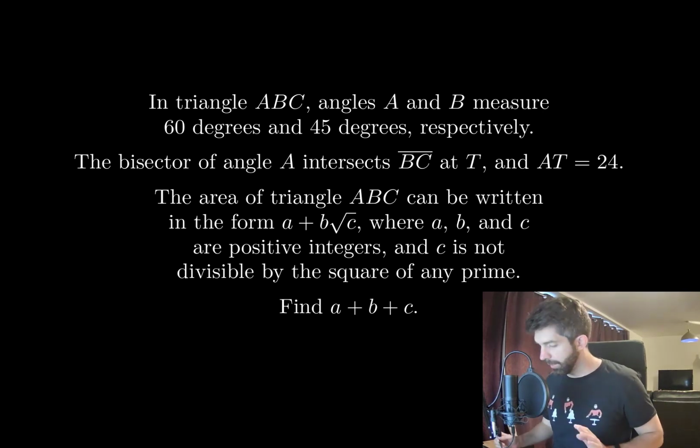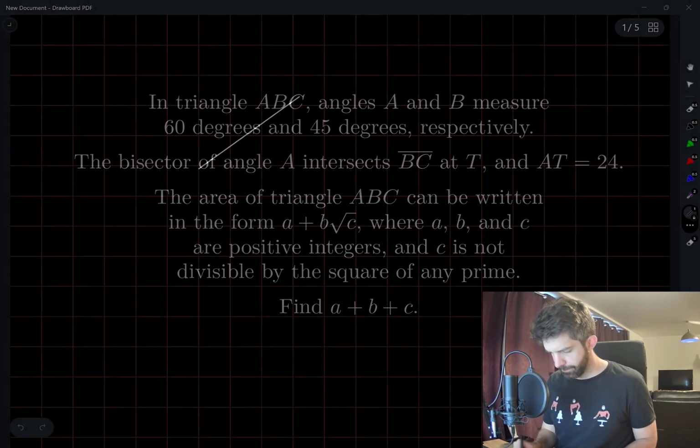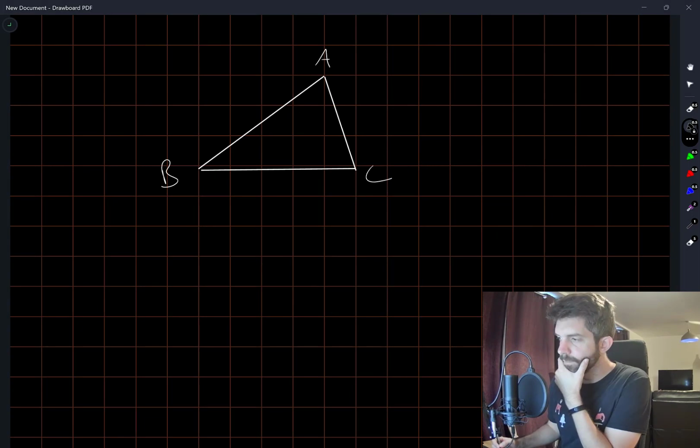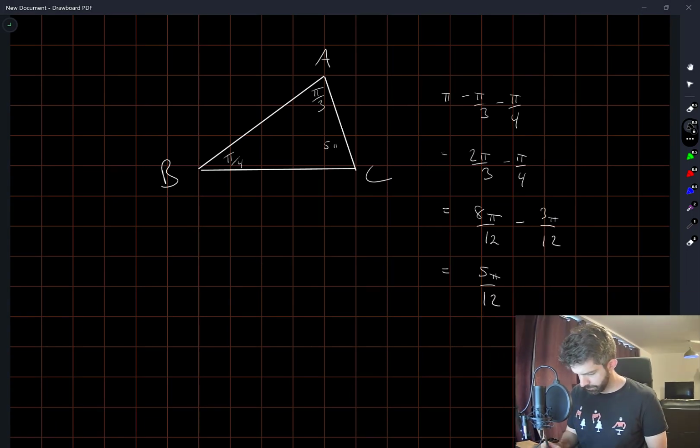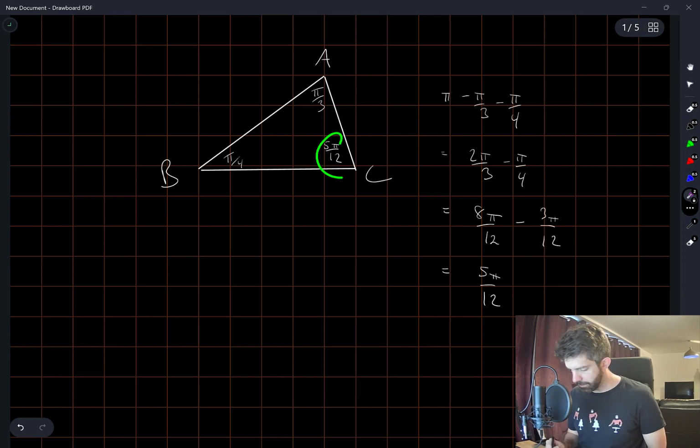Okay, so we're drawing a picture immediately. We can of course complete the final angle here, which is 5 pi over 12. That seems a little strange.